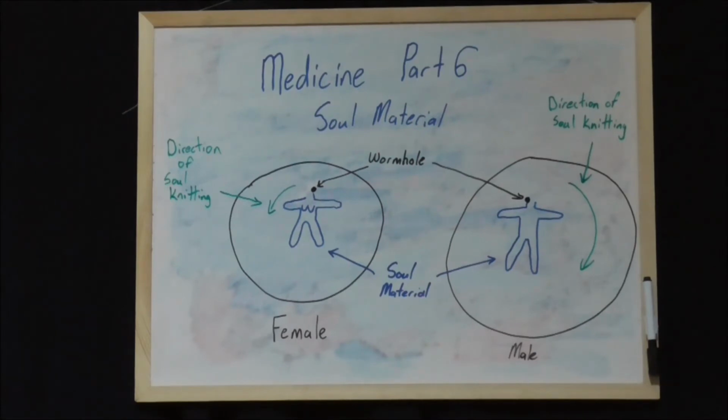It goes bright orange, and then a person is created, or a creature is created. So creatures are created the same way. All life is created like this. So the soul was filled with the body, then the wormhole vanished because the process was complete.